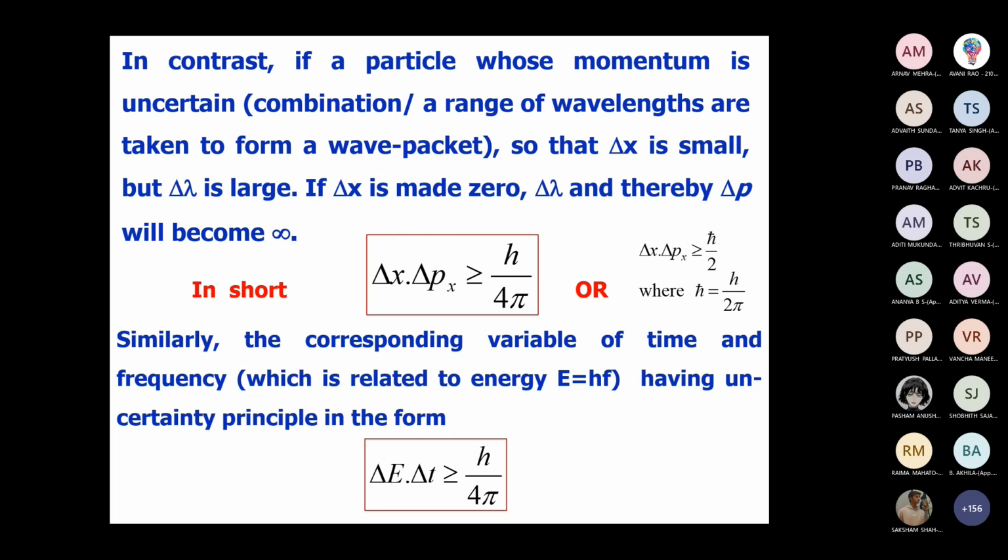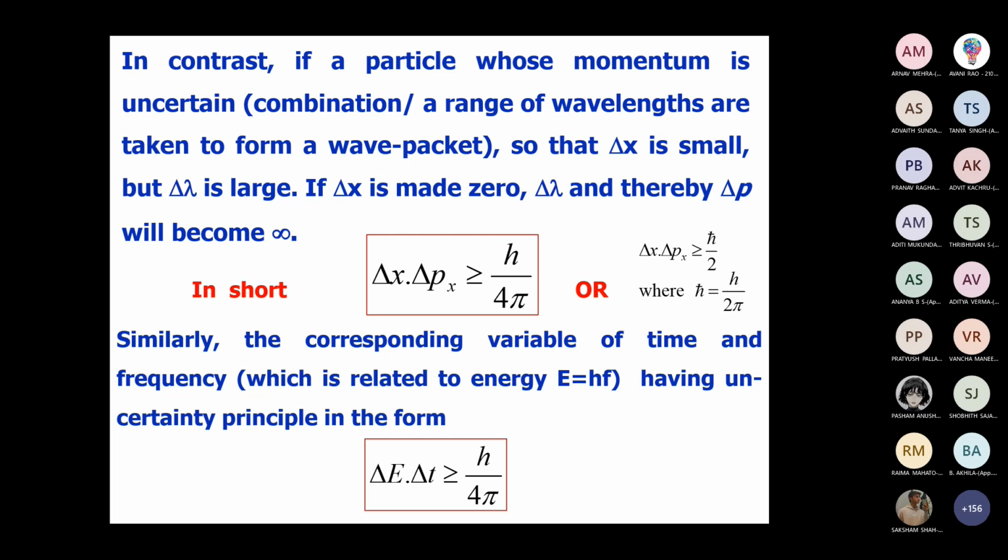So for a particle whose momentum uncertainty is delta p and position uncertainty is delta x, you can write delta x into delta px as h by 4 pi. Similarly, we can also write it for uncertainty in energy and time, where delta E and delta t are the two factors.